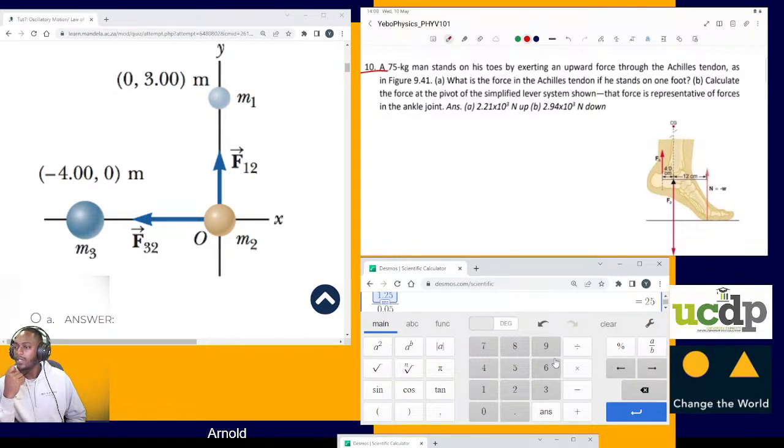Calculate the force at the pivot of the simplified lever system shown, that the force is representative of the forces in the ankle joint. Okay.